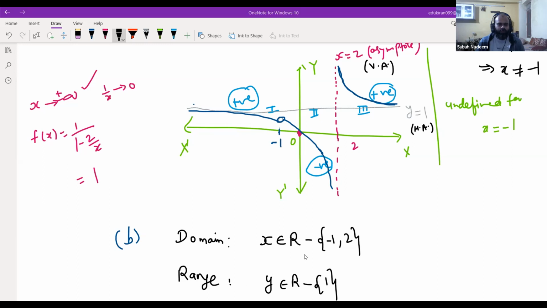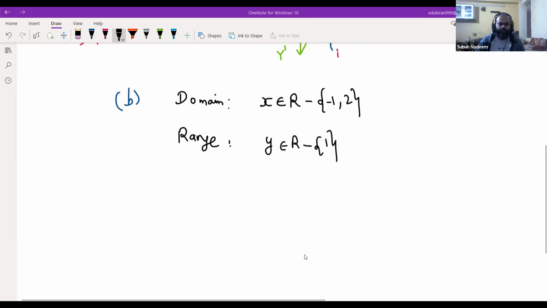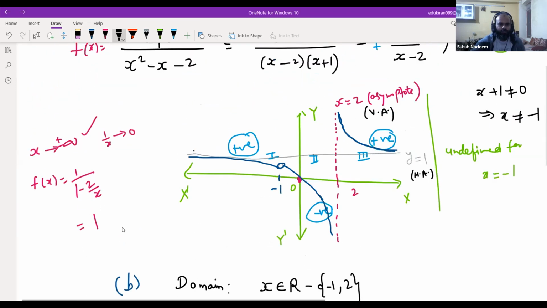Yes, sir. What is the next part? State the intervals where f of x is positive and where f of x is negative. You can see f of x is positive from 0 to 2, and from -infinity to 0 except -1, and from 2 to infinity it is positive.